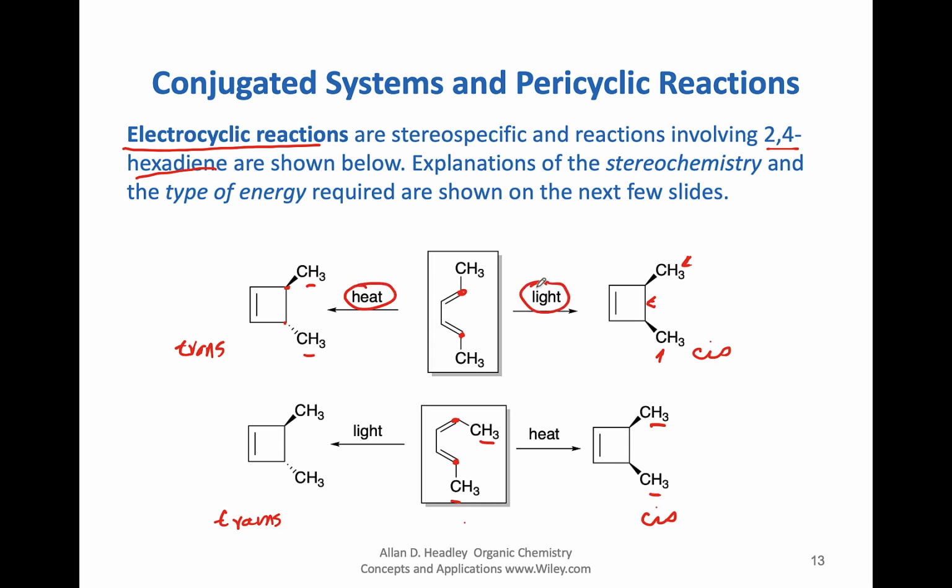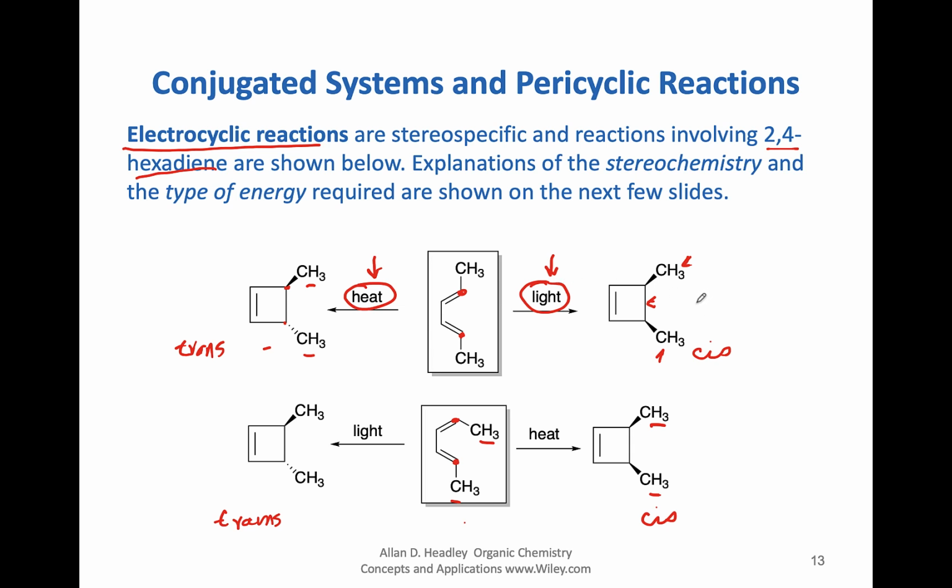That's the main key here, that these reactions are initiated in either heat or light. If initiated in heat, we get one stereoisomer. If initiated in light, we get another stereoisomer.